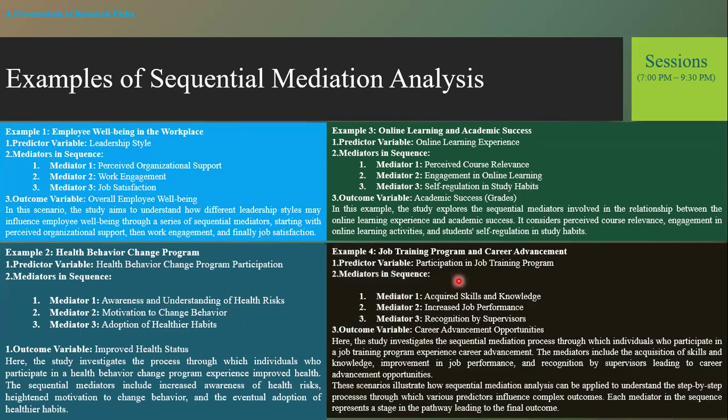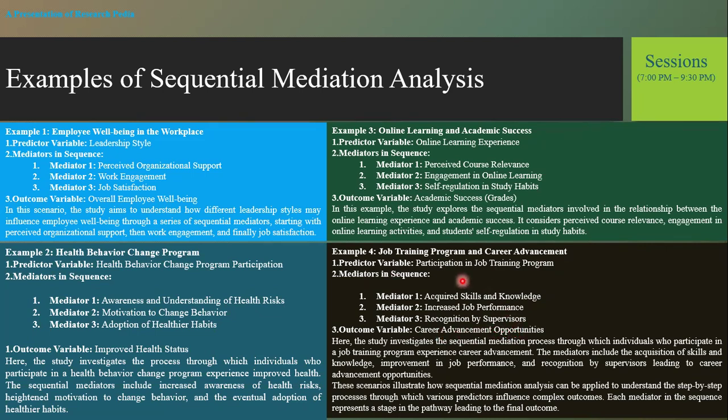In the same way, last but not the least example, after which we will analyze a real scenario. Example for job training program and career advancement. Your independent variable would be participation in job training program. Your mediators would be mediator one, acquired skills and knowledge; mediator two, increased job performance; mediator three, recognition by supervisors; and your dependent variable is career advancement opportunities.